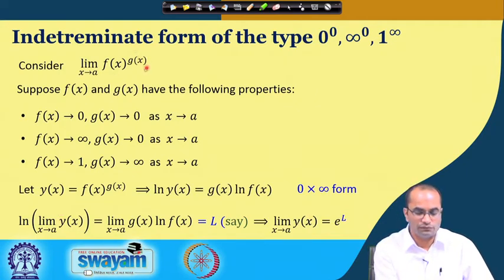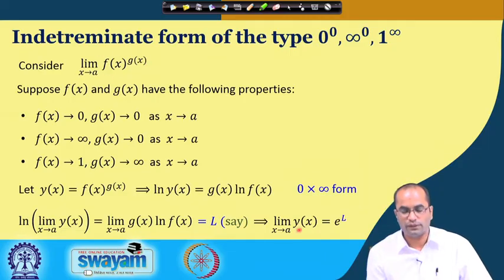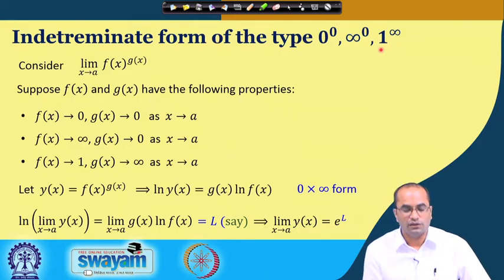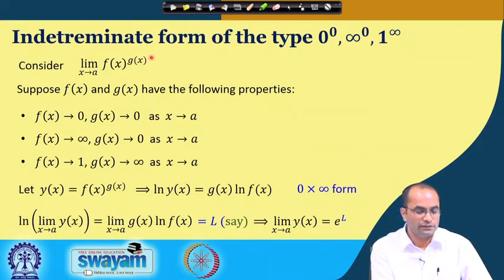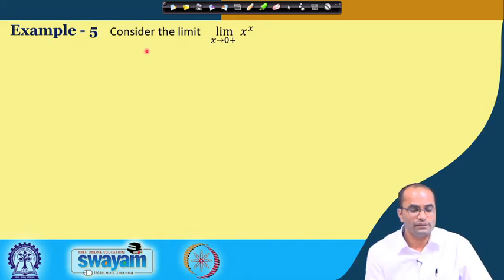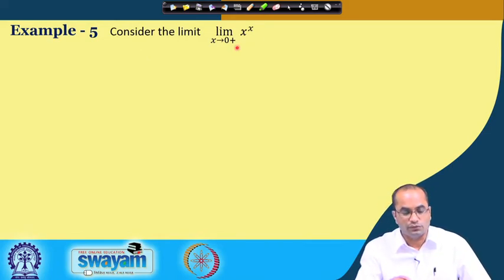So, the limit as x goes to a of y(x) will become the exponential of this number L. So, what we have seen is that all these types of forms, 0 power 0, infinity power 0 and 1 power infinity, can be handled by taking the logarithm of this function y, which we have assumed here as f(x) power g(x). Now, let us take the example here: x power x, and x goes to 0.